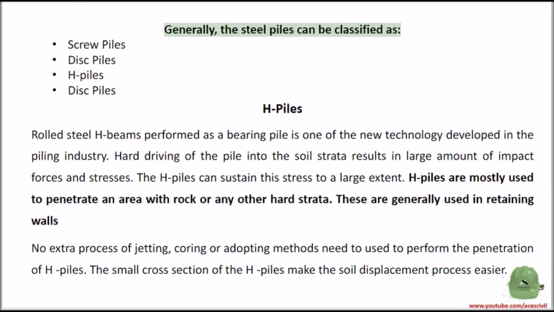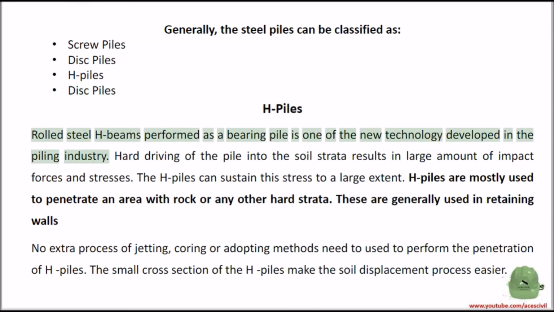Generally, the steel piles can be classified as screw piles, disc piles, H piles.